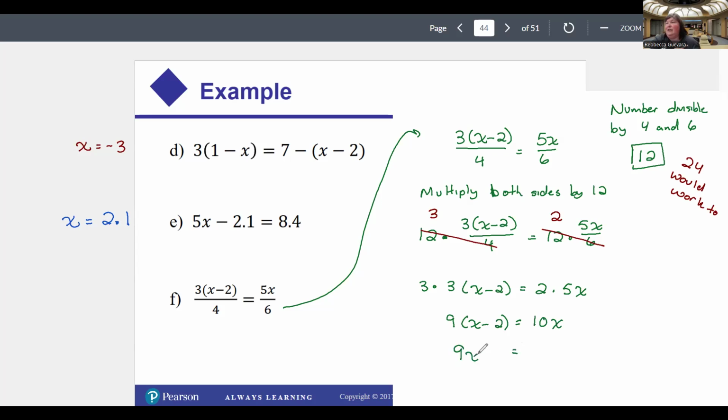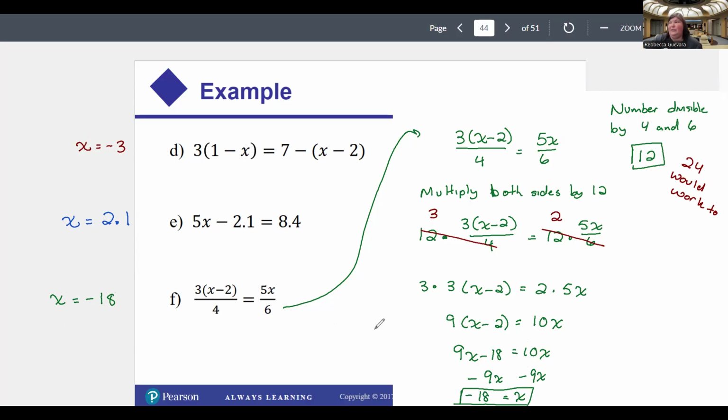Then we have 9x minus 18 equals 10x. We'll subtract 9x from both sides, leaving me with x equal to negative 18. So it appears that our answer is x equals minus 18.